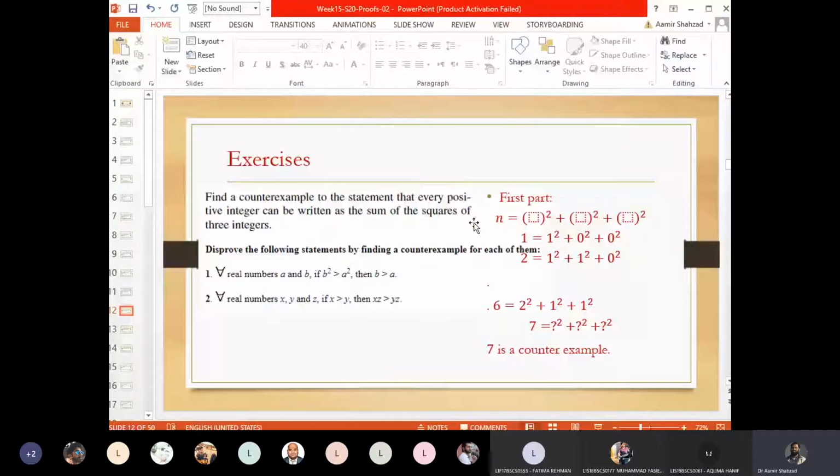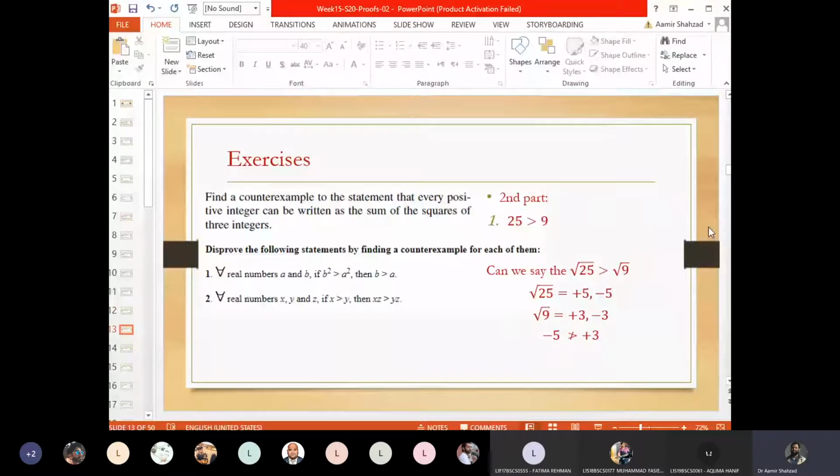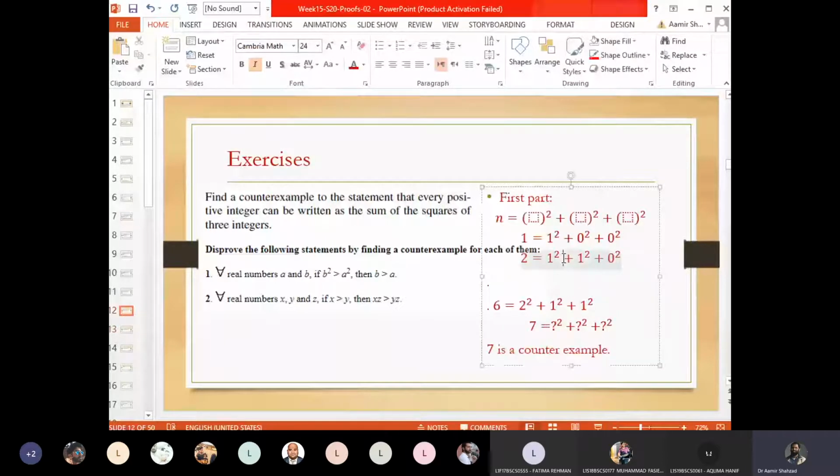So any positive integer n can be written as sum of three integer squares. So one can be written as one square plus zero square plus zero square. Similarly two can be written as one square plus one square plus zero square.